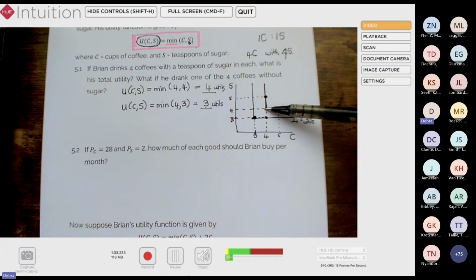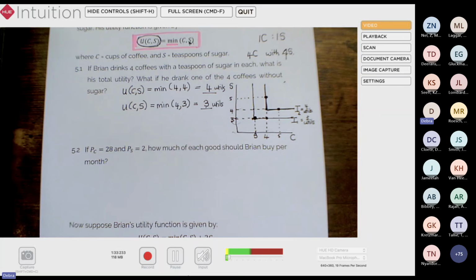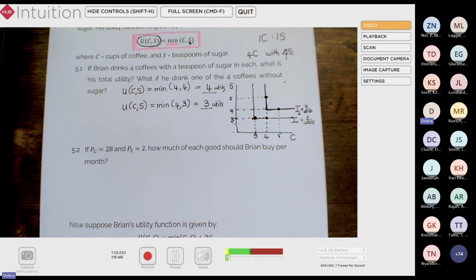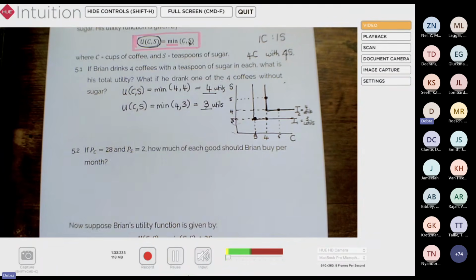So those would move in this direction, I think. But max functions do not apply ever. Well, at least I've never seen a max function in the context of utility functions. We only work with a special case of a min function in order to represent the situation of perfect complements. So you would never be given a max function. You would only be given a min.